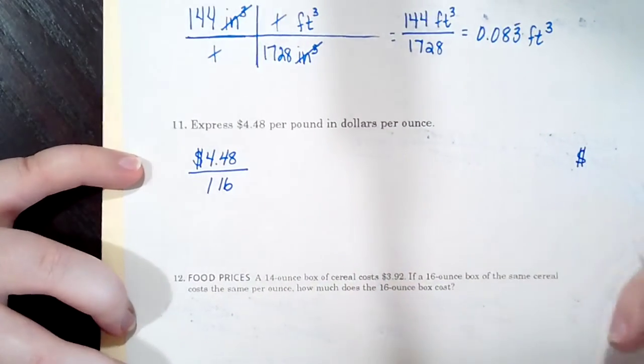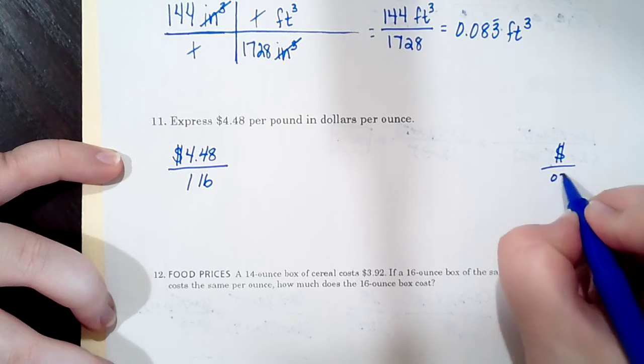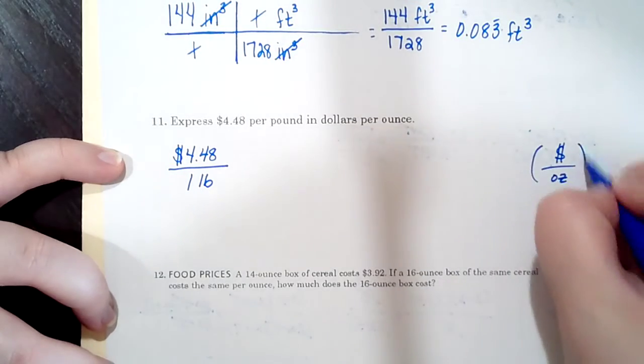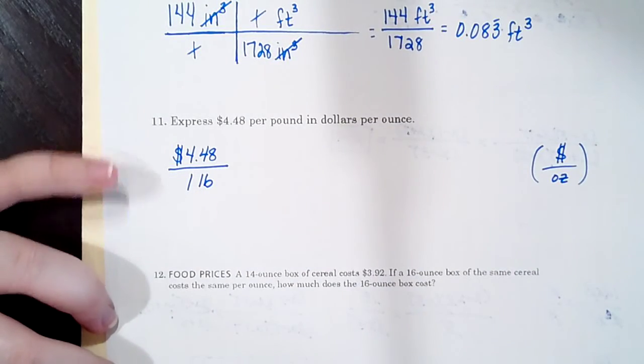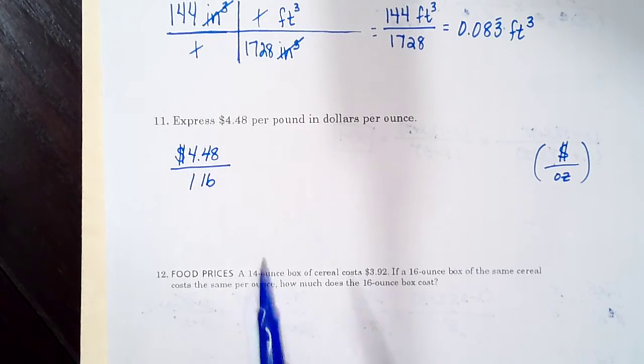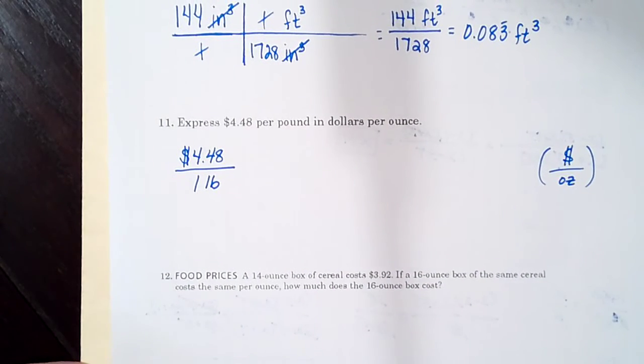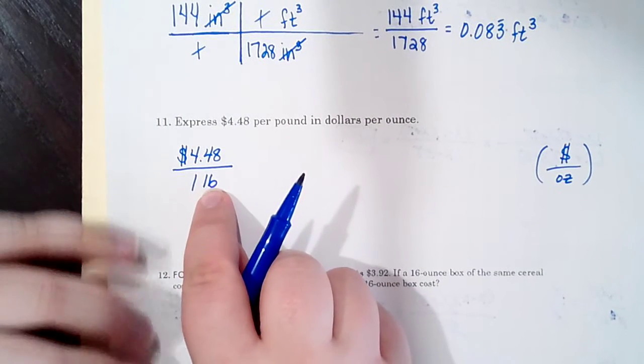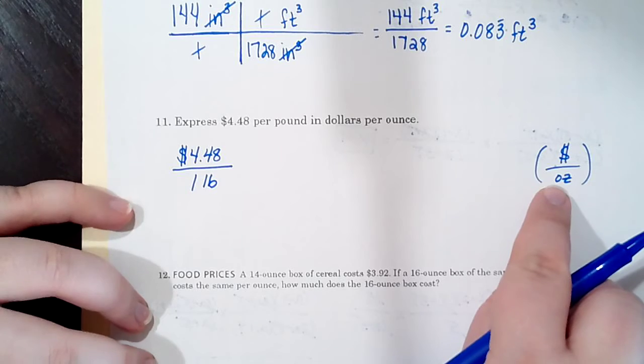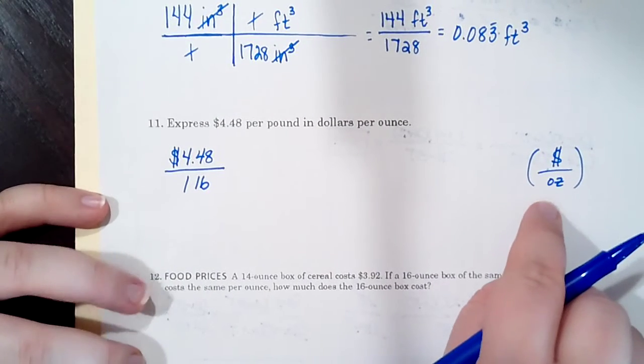So dollars on top, ounces on bottom is where I'm headed. I like to give myself a goal. Now notice something. My top unit is going to stay the same. I don't have to convert my dollars. I only need to convert pounds to ounces. So that actually takes one step away.